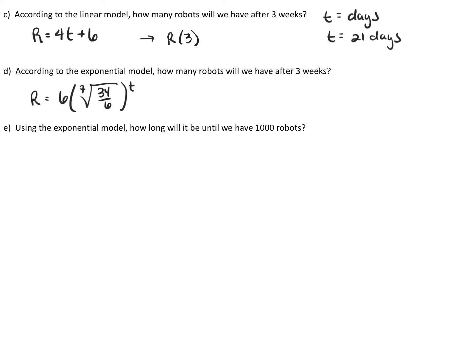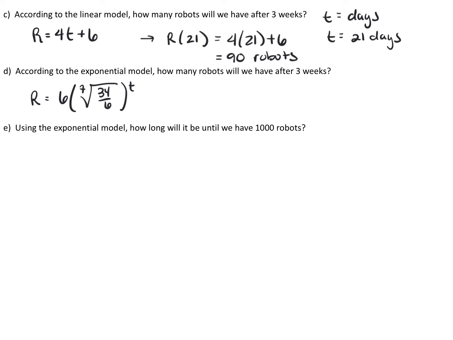So let me change my notation here. This should not be R of 3, but R of 21, which is equal to 4 times 21 plus 6. So this gives us 90 robots in 3 weeks.